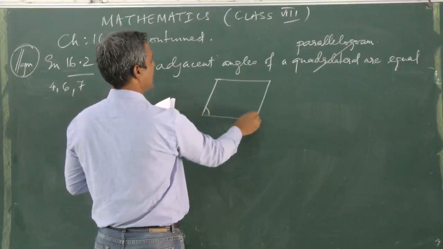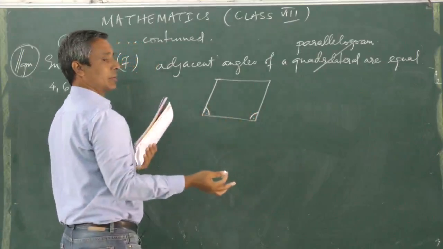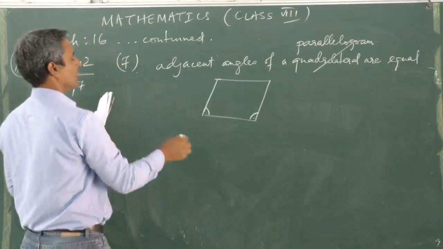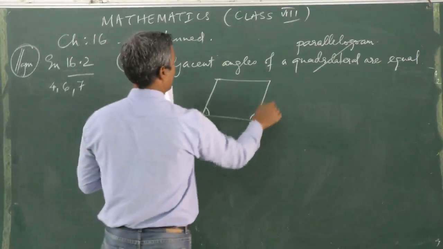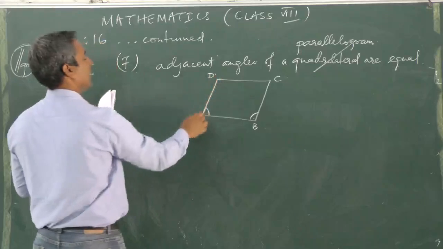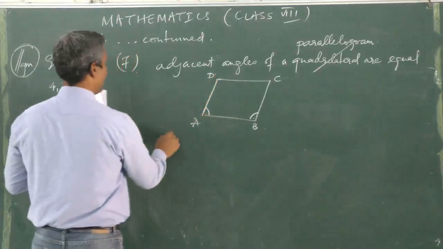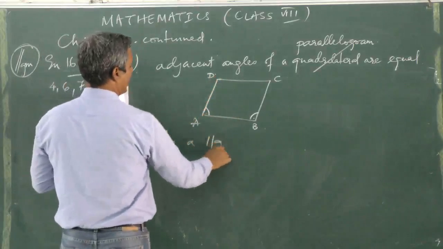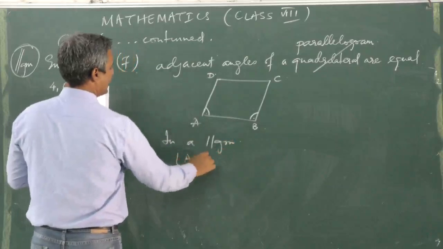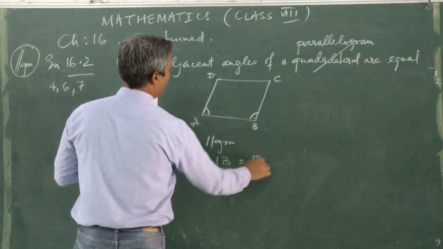Adjacent angles, this angle and this angle, both are equal. This is a parallelogram, but adjacent angles are equal. Now in a parallelogram, adjacent angles will add up to 180 degrees.